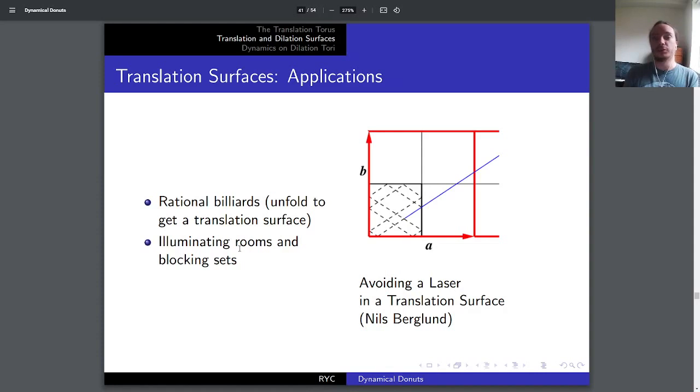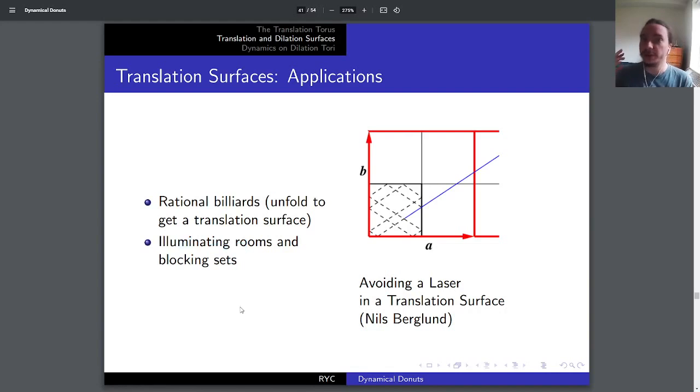Does every point in the room get illuminated? Well, it turns out that you can come up with rooms that don't have this property. So this is similar to the billiards problem where you have things bouncing off the walls. And there are some really interesting examples where you have rooms that are unilluminable. So, I encourage you to check these out.